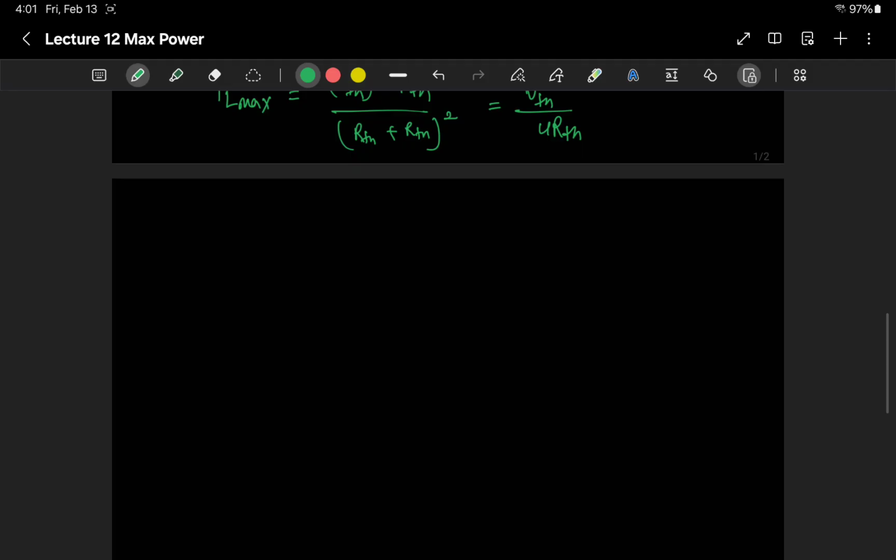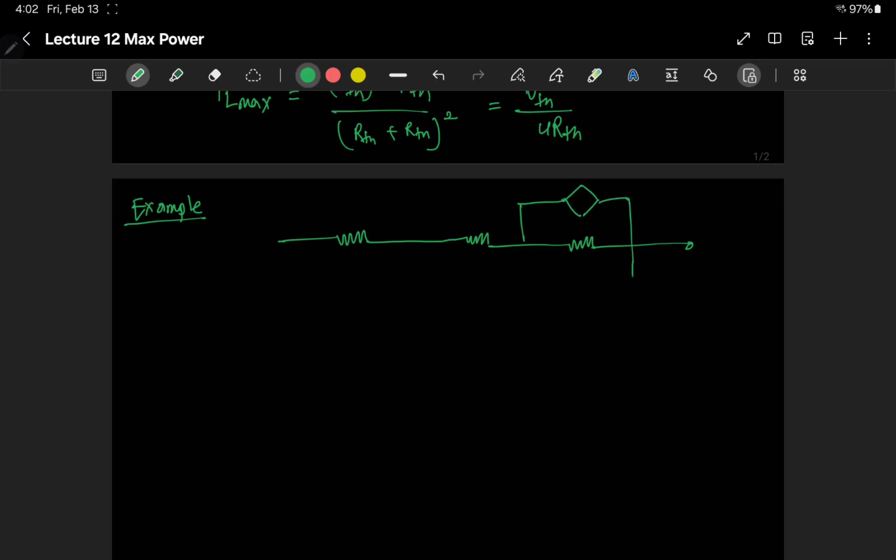Now this information should be enough to solve one example problem. Let's see the example problem. Here is the circuit, and this is all linear.